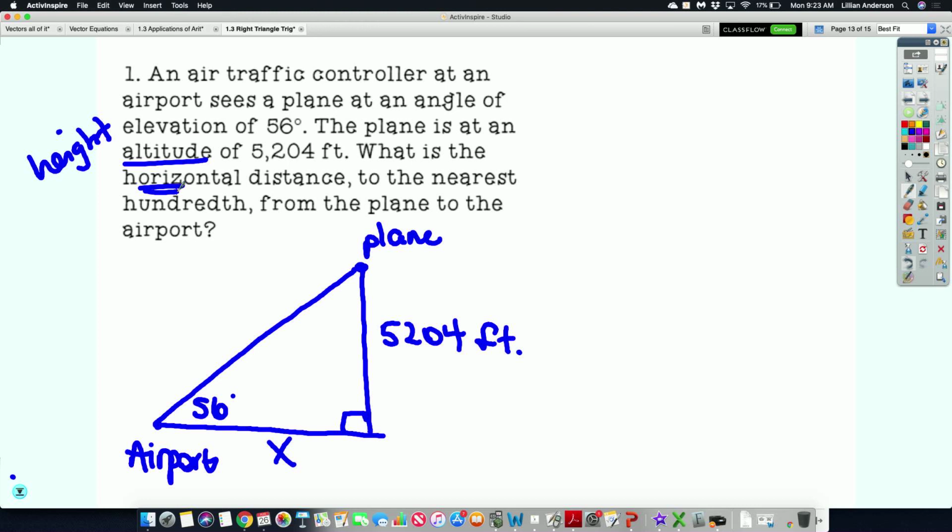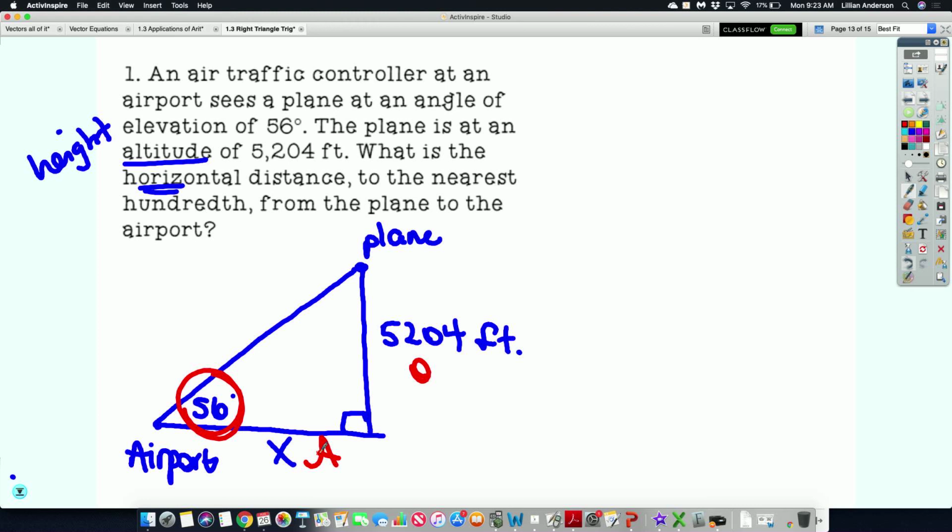Questions on how to get the picture? Yes. No. It's always going to be on that bottom part. Okay? Yep. We're going to solve it. So again, based off of your angle, 5,204 feet is your opposite, and x is your adjacent.